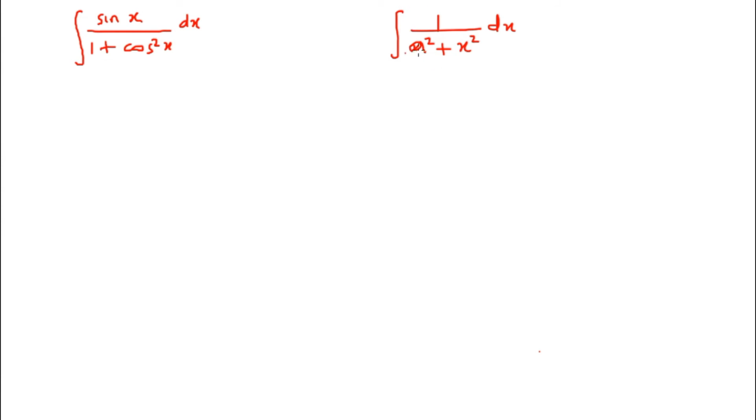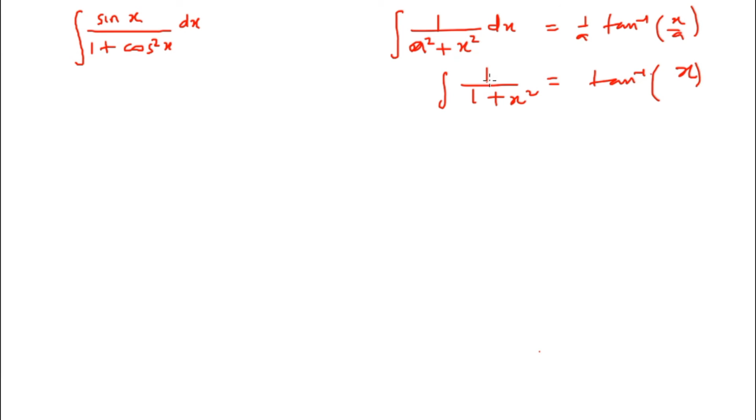That is, the integral of 1 over a² plus x² is equal to 1/a arctan of x/a. But if a is 1, that will be the integral of 1 over 1 plus x², which is arctan of x, then plus c. So looking at this, we could think of something of that nature.